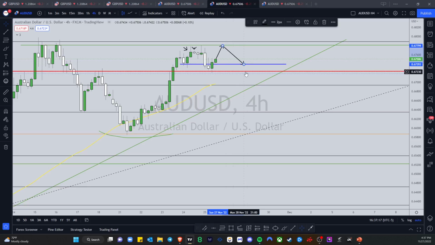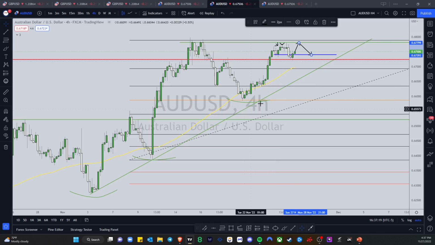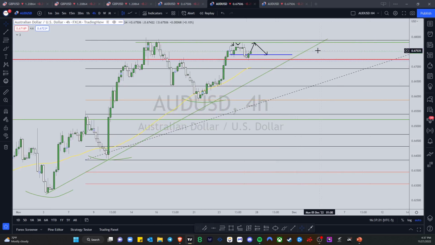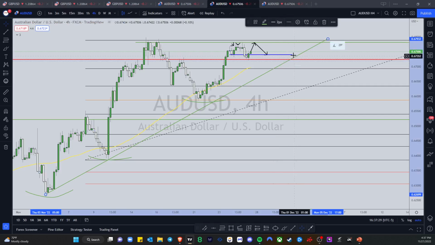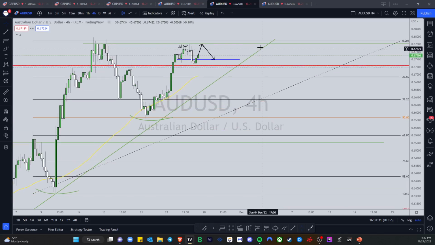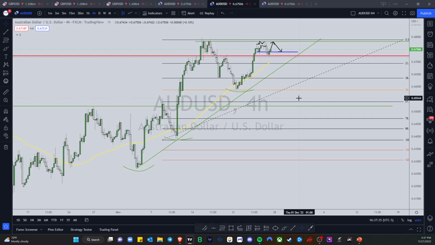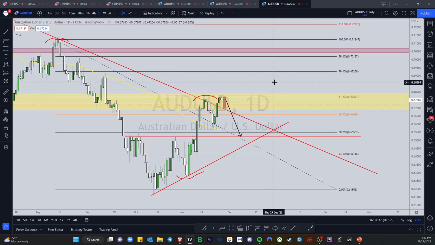But before all that happens, we need to break that trend line, right? So it's most likely gonna consolidate until it reaches that trend line and then break structure and go down on a trend that we've been expecting on a daily, right?